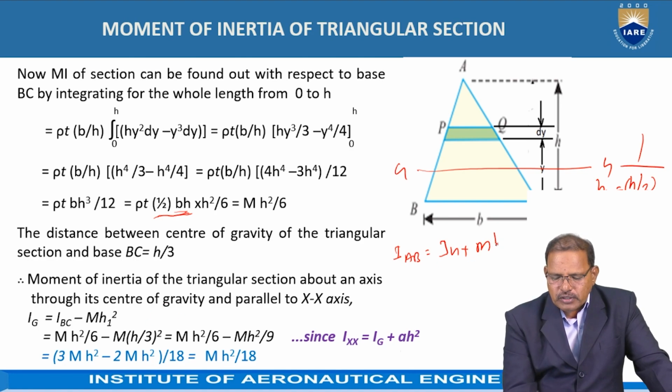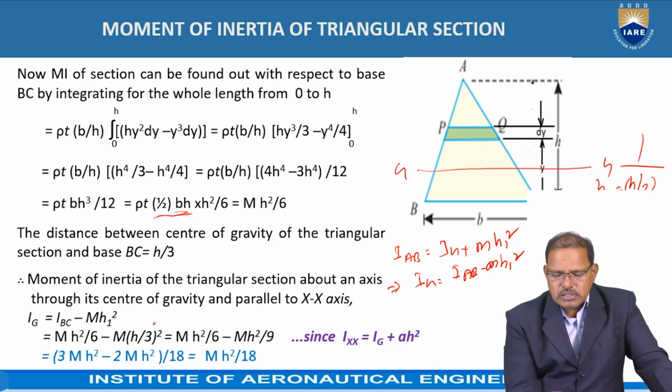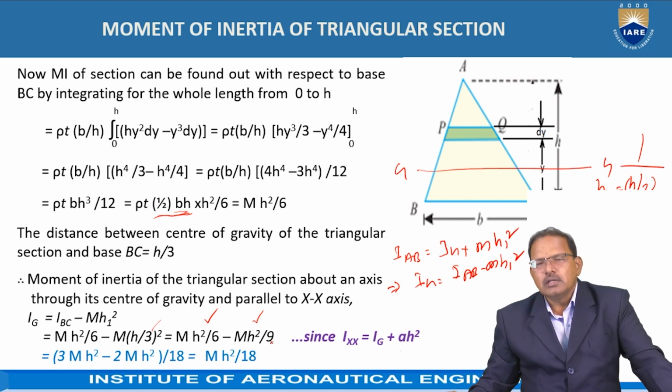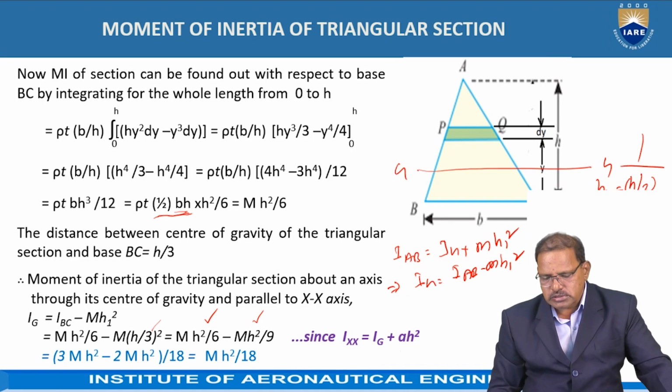From this relation, Ig is equal to I_AB minus m h1 square. By using the relation, I_BC, already we got it is equal to m h square by 6. So minus m, the mass, times h1 which is h by 3 whole square, that is m h square by 6 minus m h square by 9, which is equal to m h square by 18. It is the mass moment of inertia of the triangular plate about its centroidal axis.